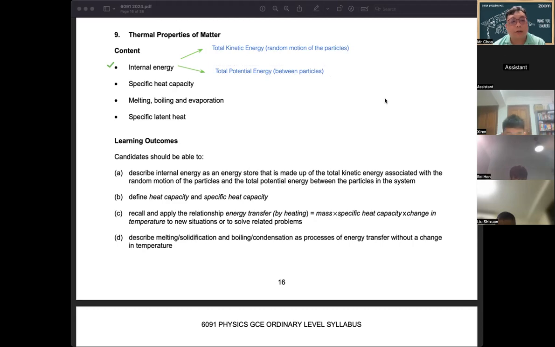I have talked about internal energy in the first lesson on the particles itself. Basically, the kinetic energy relates to how fast your particles are moving, and that is related to the temperature of your metal itself.